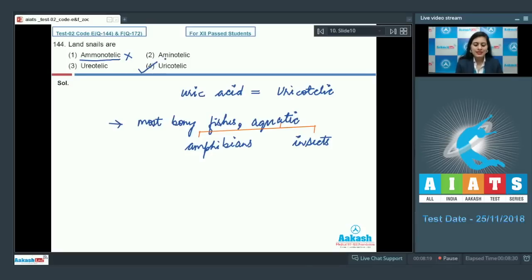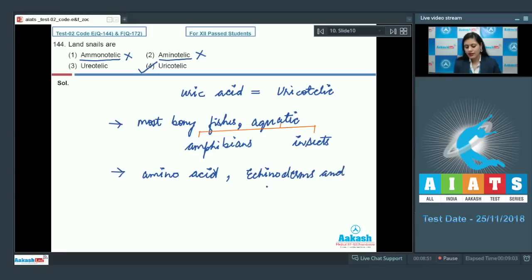The second option is aminotelic, and this is incorrect because aminotelic organisms are those which excrete amino acids, and the examples include invertebrates like echinoderms and unio, which is a mollusk.